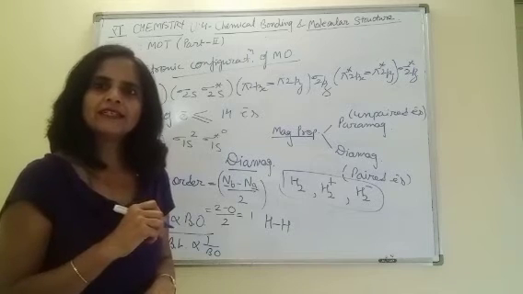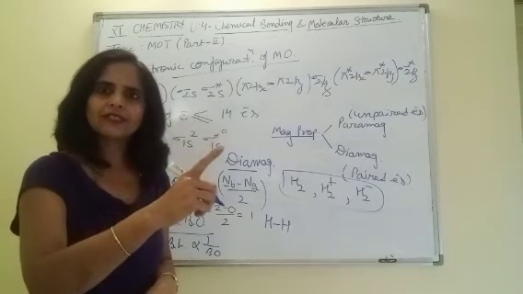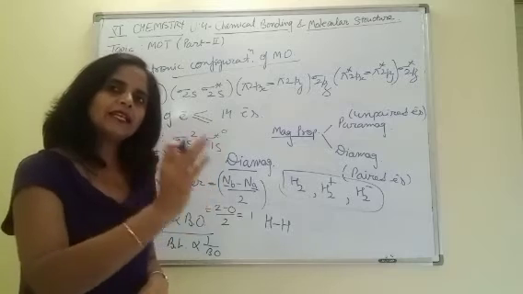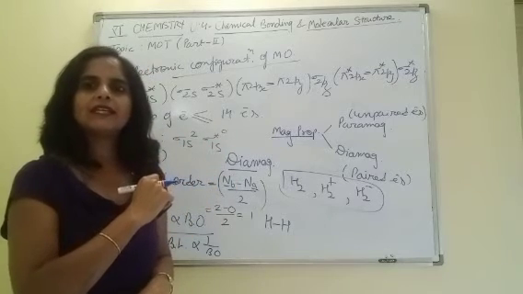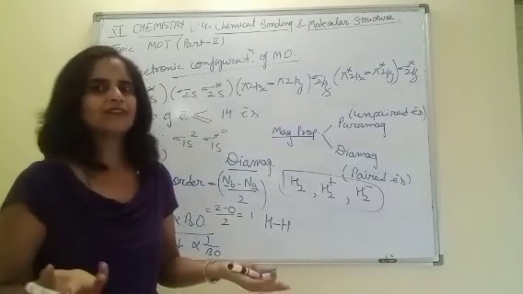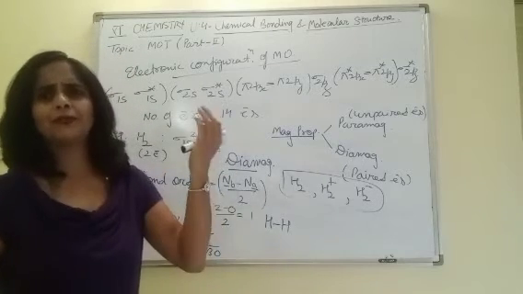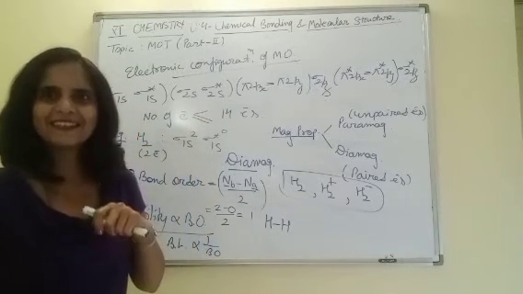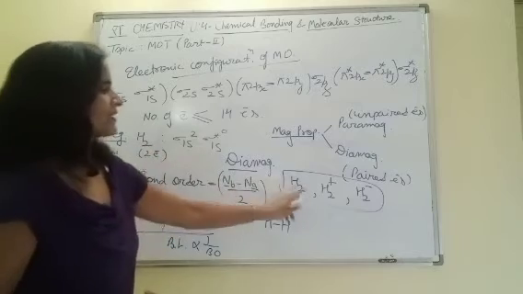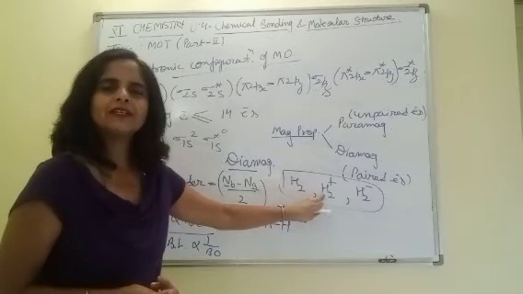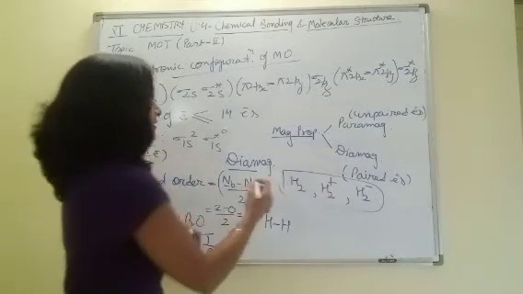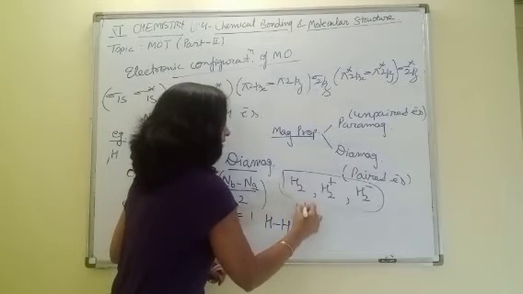First, we should write their electronic configuration. From electronic configuration, we can find their bond order. And after getting bond order, it's very simple to tell which is more stable. Yes? So, okay, write the electronic configuration for the cation.